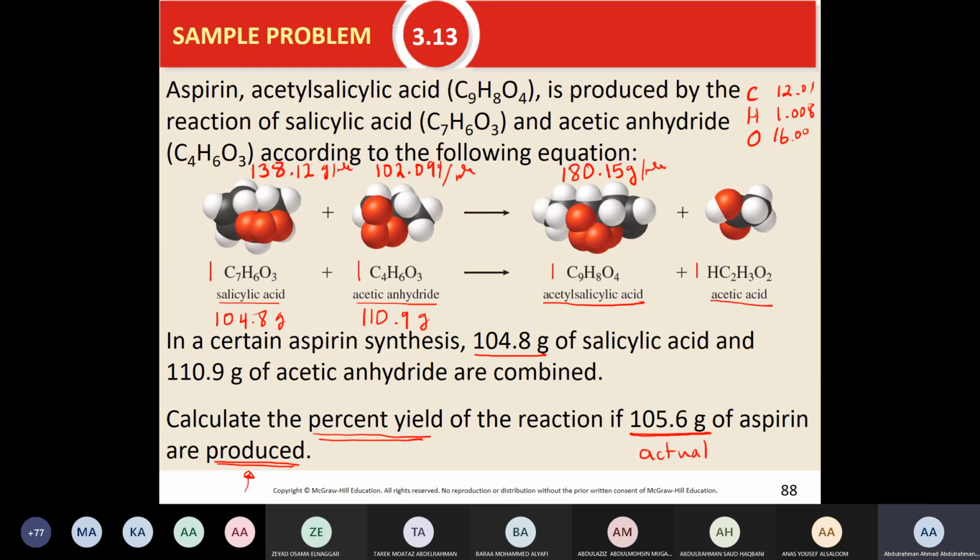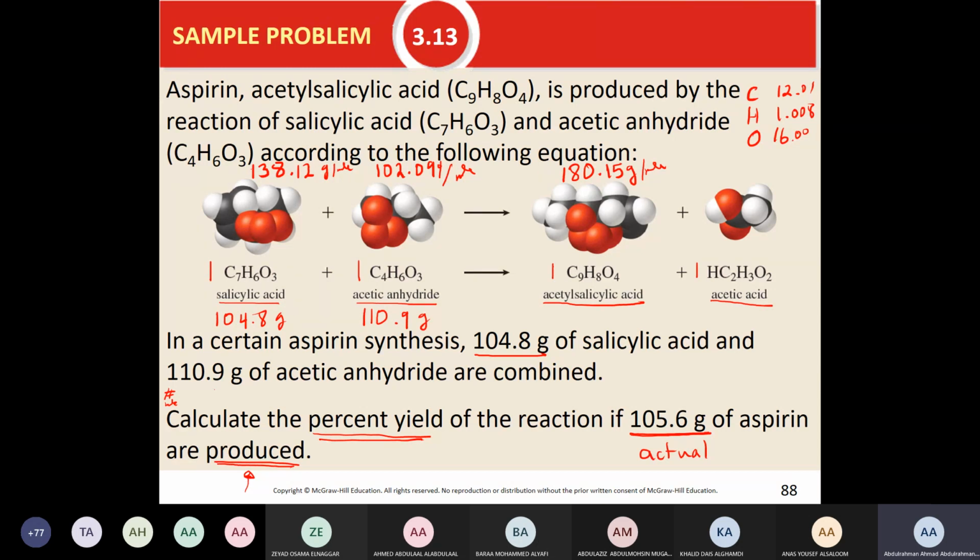What's the next step? Determine the number of moles, to find the limiting reactant. Tell me, what's the mole for salicylic acid? Make sure that you divide 104.8 by 138.12.